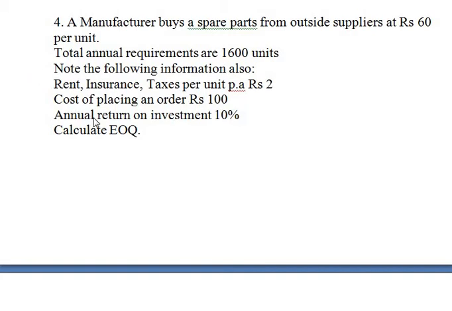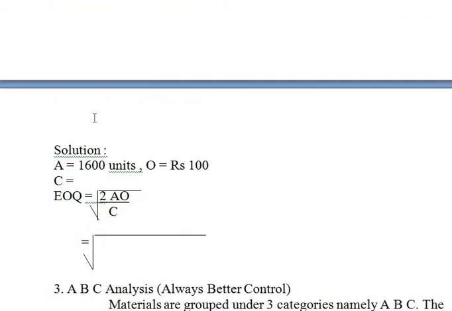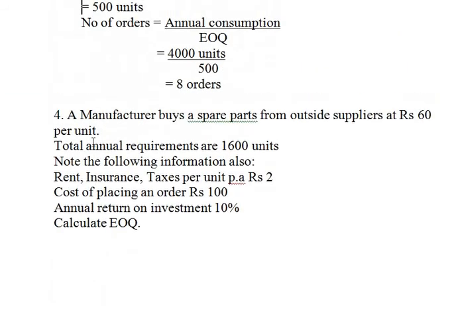Okay. Now A is 1600 units, right? O is 100. Okay. Now see, cost of carrying what they have given.